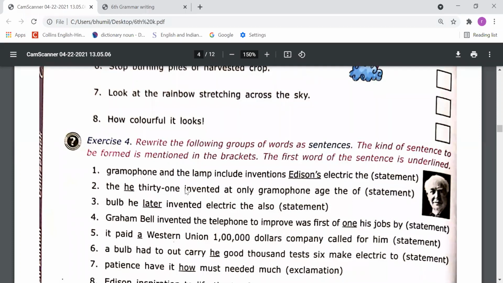So dear student, you have to do this exercise in your book too. In this space, you can write the answers to these sentences. Soon I'll send the answer key, but first of all, you should try.